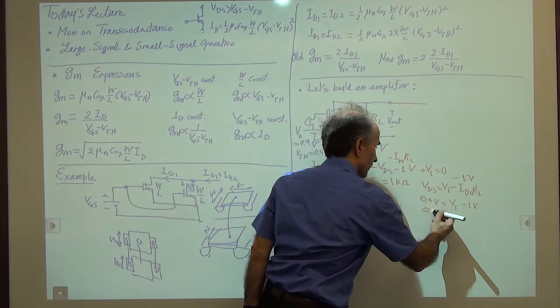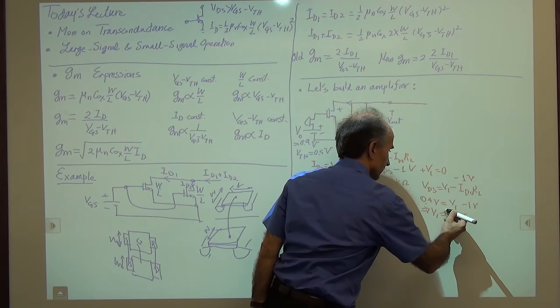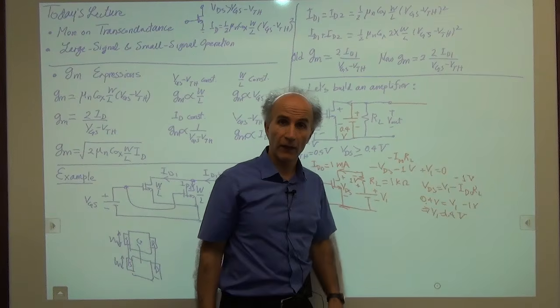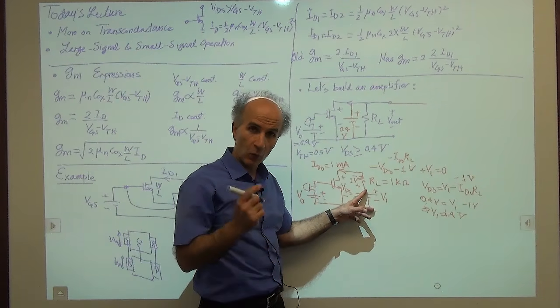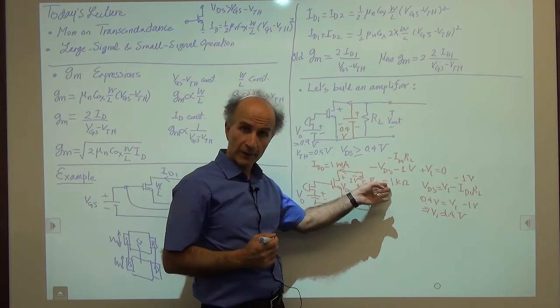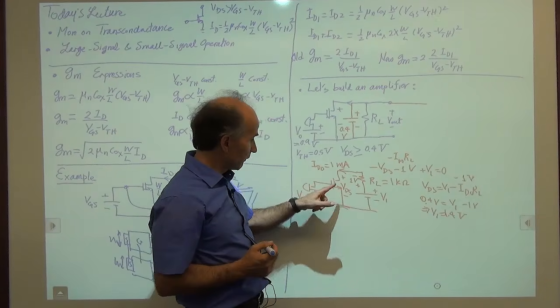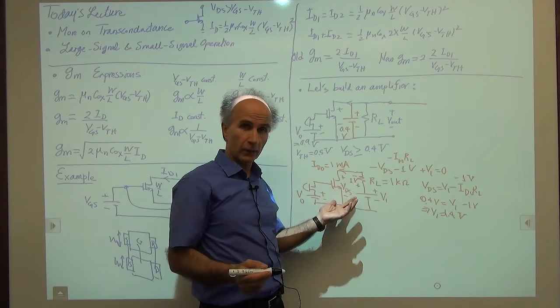So that means that V1 has to be 1.4 volts. So indeed, if I add a battery from here to here with a value of 1.4 volts, assuming that we have 1 milliamp of current and 1 kilo ohm resistance here, then the voltage that remains for this VDS will be 0.4 volts and the transistor will be happy.